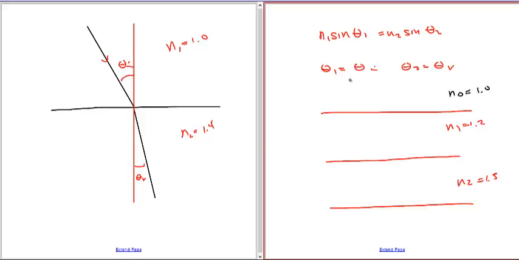So if you came in here you would bend towards the normal, and then you would bend more towards the normal as you go through each transition. So here's my normal. So you could use Snell's law across this boundary, and then you could use Snell's law across the second boundary.